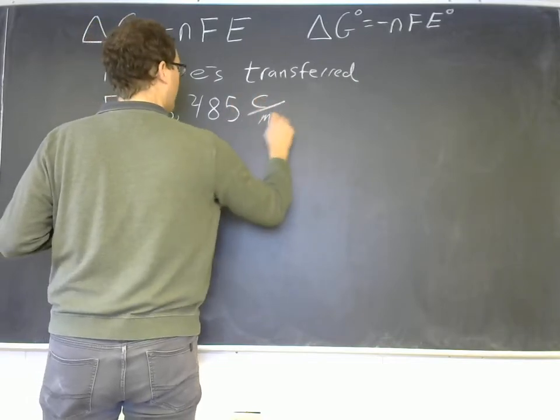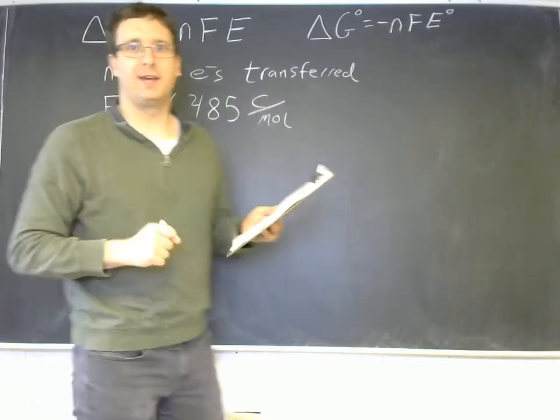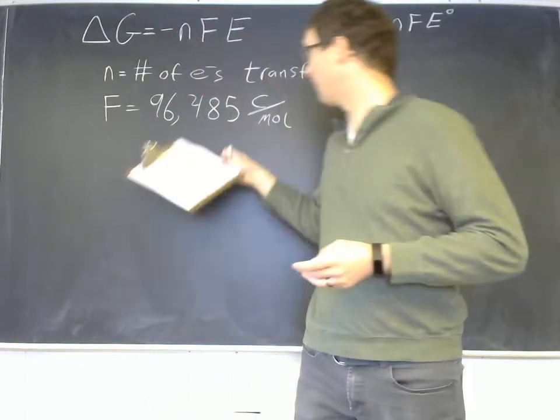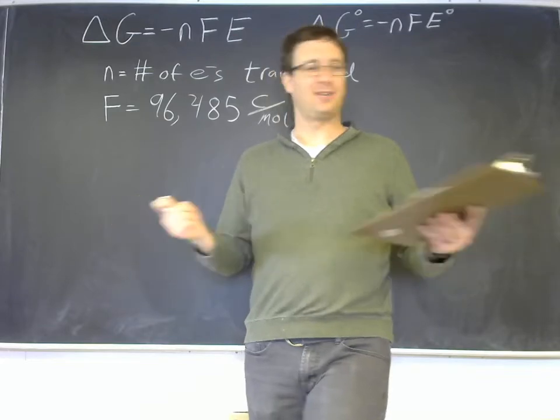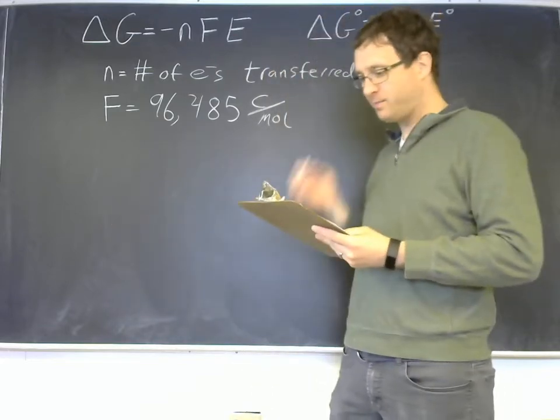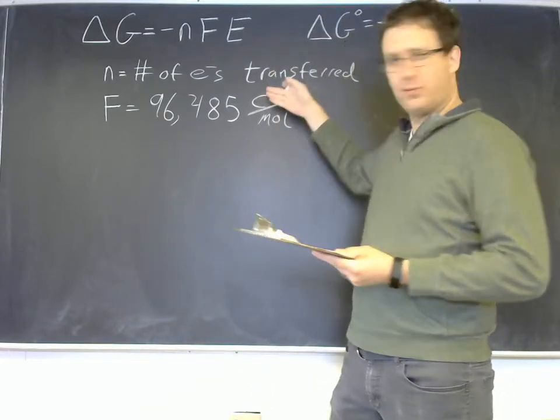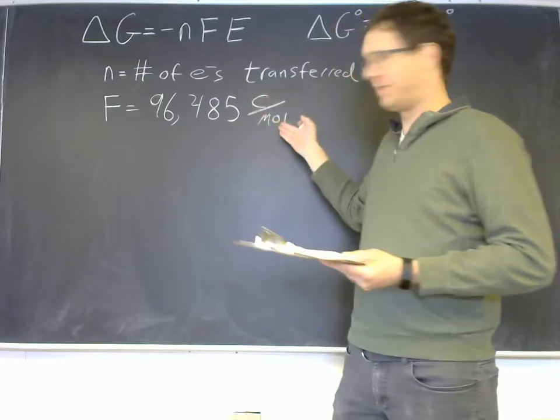Any Hamilton Heights fans will find it easy to remember the value of Faraday's constant to at least 2 sig figs. Coulomb again is the unit of charge, and this is per mole for a mole of electrons.